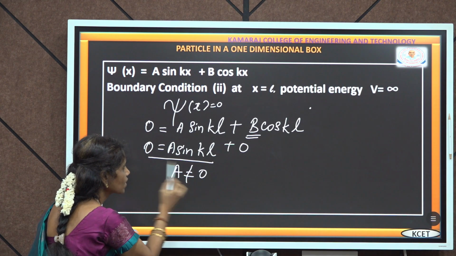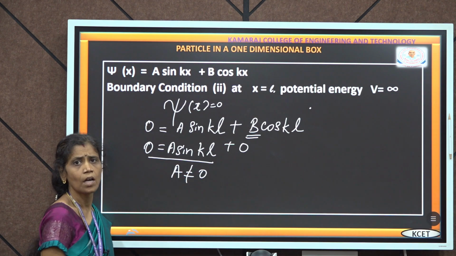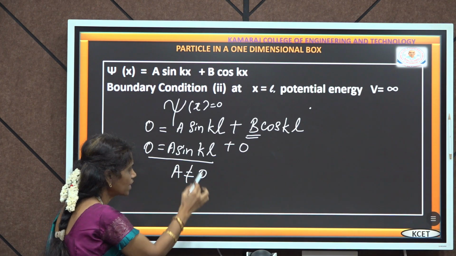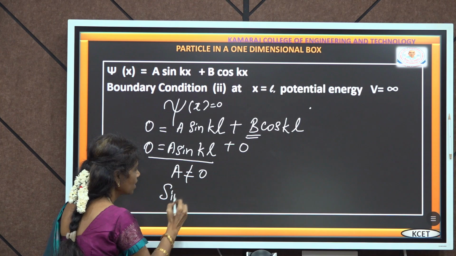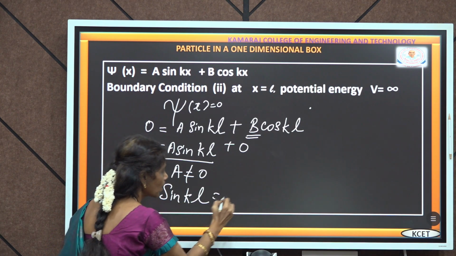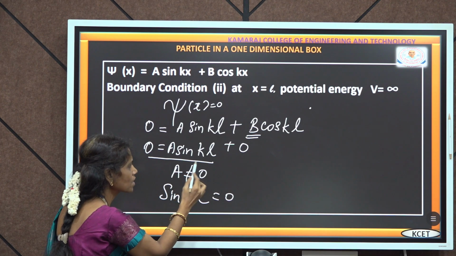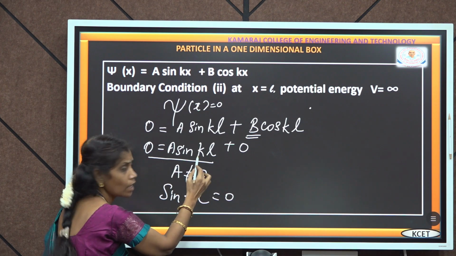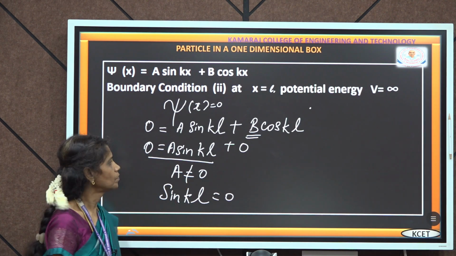But this equation implies A sin KL is equal to 0. Hence, we assumed that A is not equal to 0, but sin KL must be equal to 0. If A is not equal to 0, then the other term sin KL automatically should take the value 0.